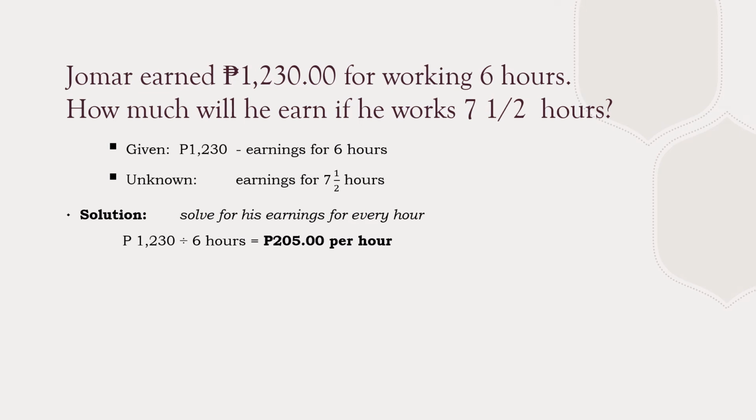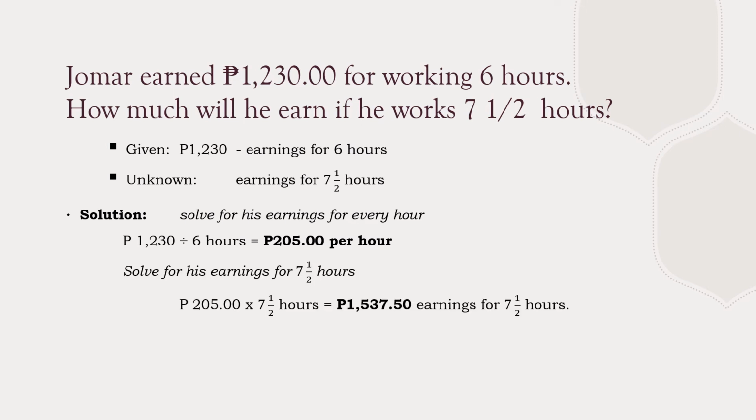So 1,230 divided by 6, that will be 205 per hour. So from that, we can now solve for how much he will earn if he works 7.5 hours.